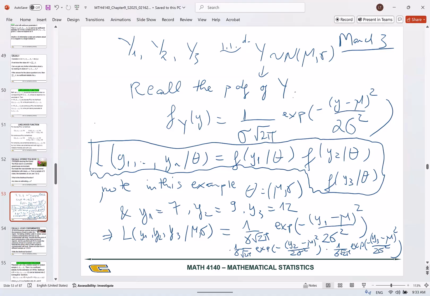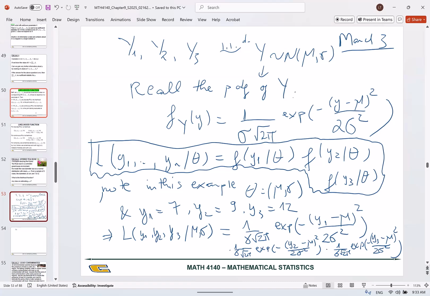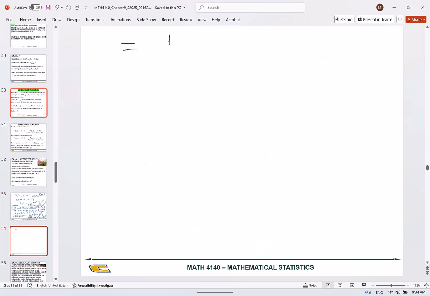So three of them. And because of that, you now just collect all the terms, and you have your likelihood function. You have the 1 over sigma root 2 pi, the same for the 3 terms, so just 1 over sigma root 2 pi to the power of 3.